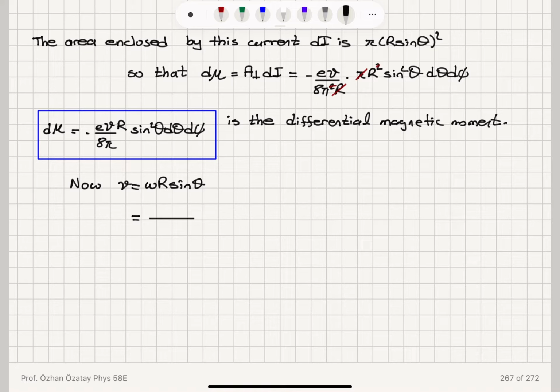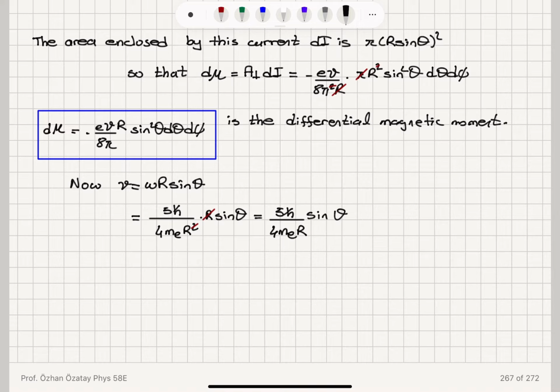So this is 5 h bar over 4 mass of the electron capital R squared multiplied with capital R sine theta. So this will get rid of one of the R's in the denominator. So this is basically 5 h bar divided by 4 mass of the electron capital R sine theta.